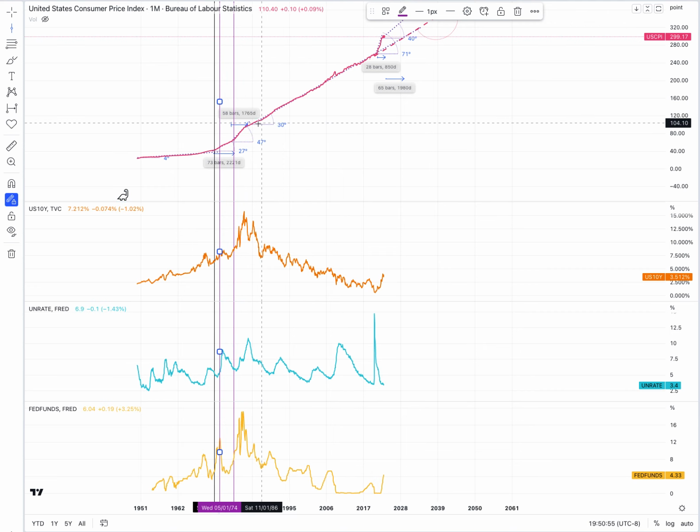But the Fed probably would have said that's pretty much it, because the 10-year is not something that the Fed would really care about. However, the unemployment rate around 1980 actually dropped during this time.